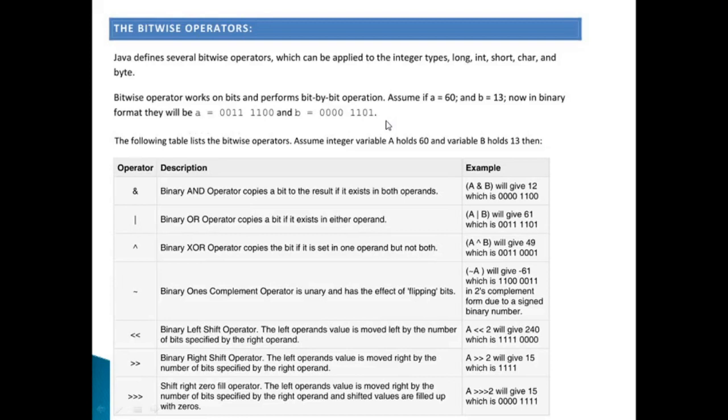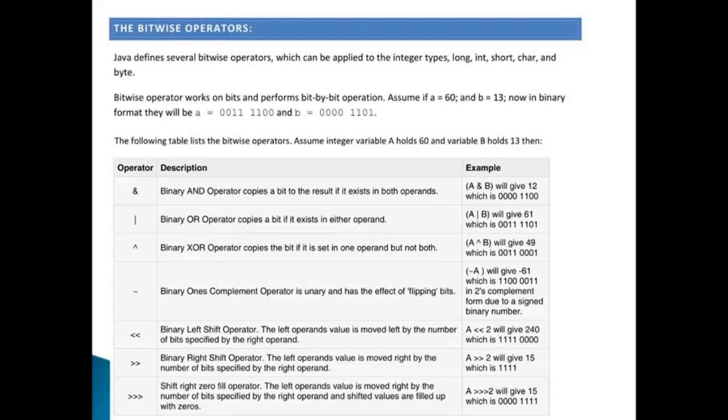Whatever bitwise operations we perform will be on the binary equivalents of these integers, A and B. The various operators in the bitwise sector are, first, the simple ampersand, which is known as the binary AND operator.